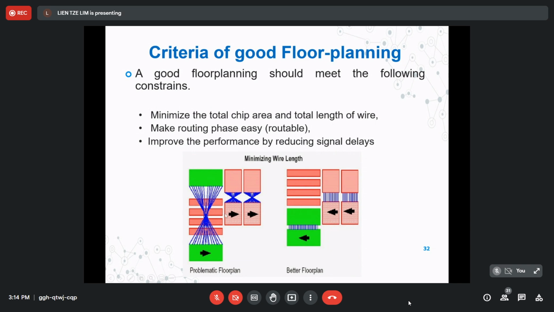If we compare this floor plan with this floor plan, the placement of the macros and standard cells is also a little bit different. This is a macro, and this is a standard cell.